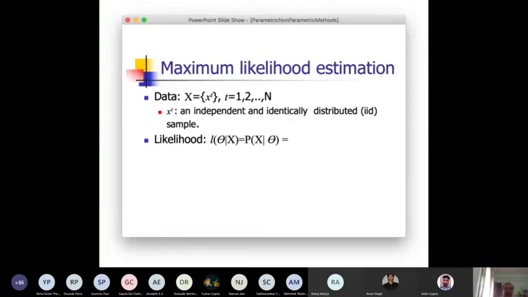But essentially, this is the more popular form of expressing the likelihood of a parameter theta given data. But actually, what you are computing is the probability of data given that parameter set, right? So this is the interpretation of likelihood with respect to parameter estimation that you need to understand.